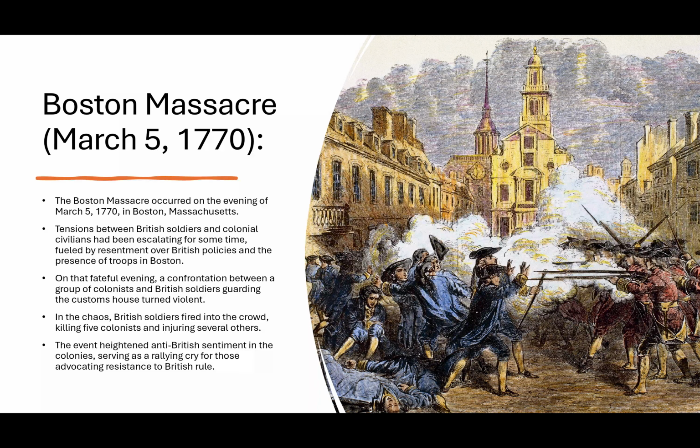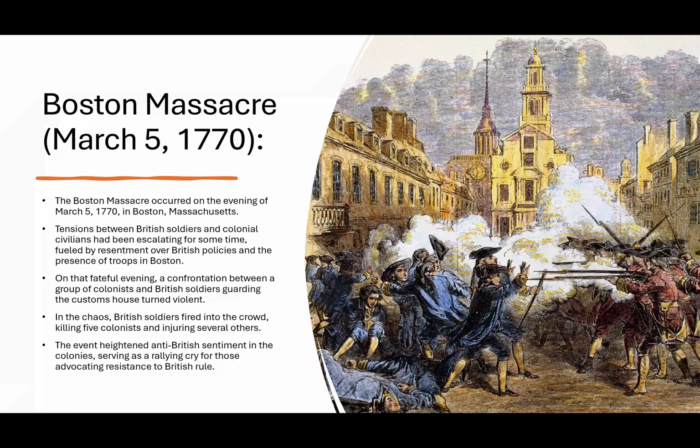So it really occurred from some amount of tension between some civilians and some British officers. There would have been resentment from these acts before, and some confrontational attitudes between the groups of colonists and the British soldiers guarding the customs house.